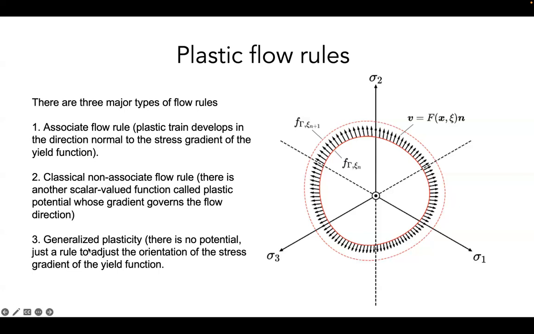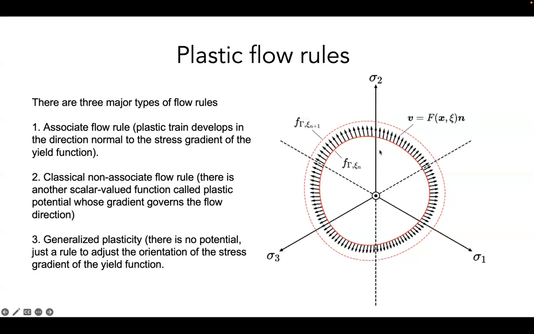Okay, there's another thing that is also very popular that is kind of a dark art, but well, I shouldn't say that. I think the lecture is recorded, but it's generalized plasticity. What I mean is that I don't even have a plastic potential. I just cook up some corrections from the plastic normal, from the gradient of the stress.